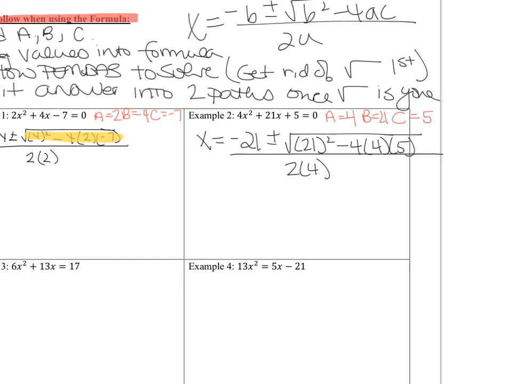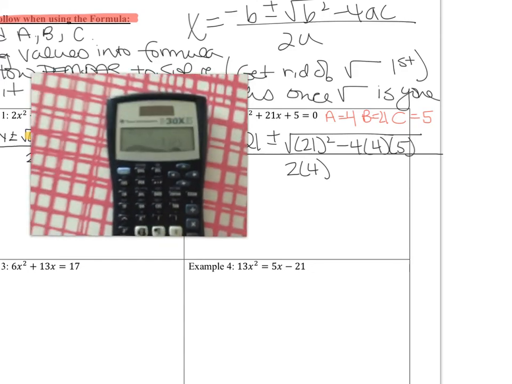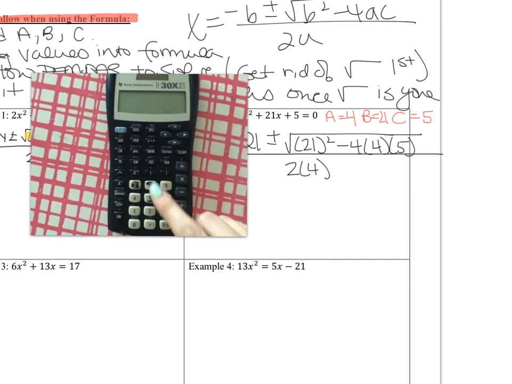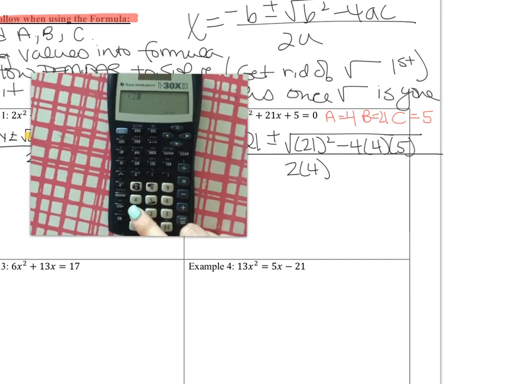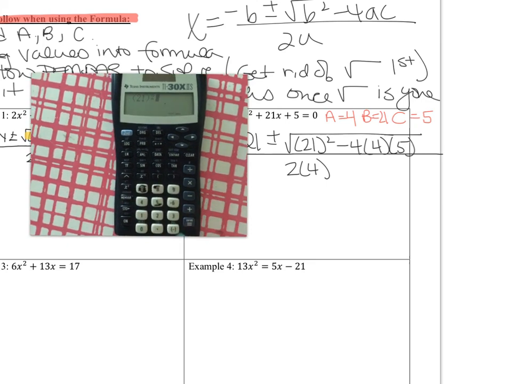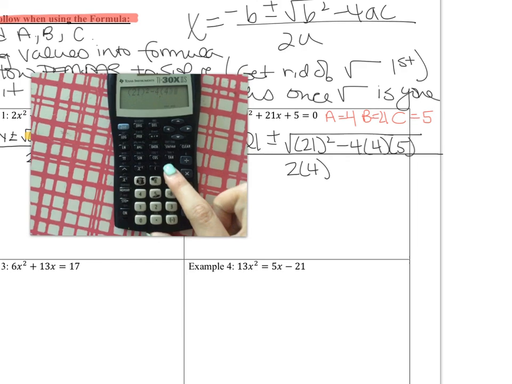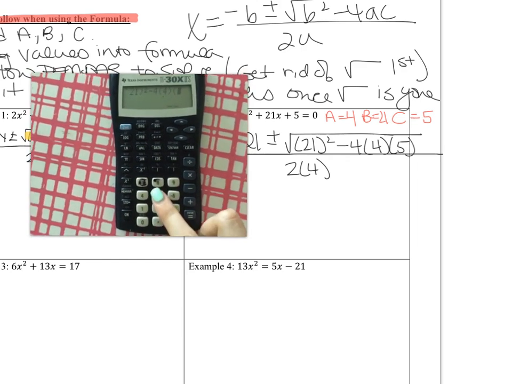So now I'm going to open up my calculator and I'm going to type in everything inside my square root sign. So parenthesis 21 squared minus 4 times 4 times 5.